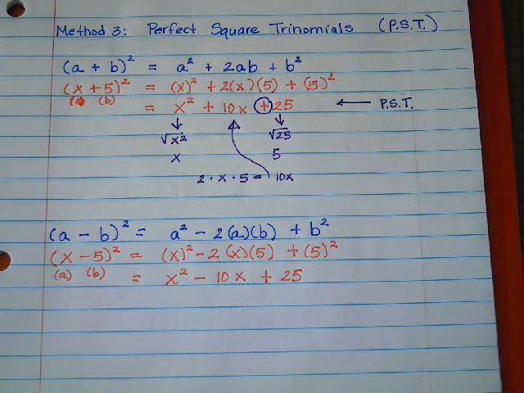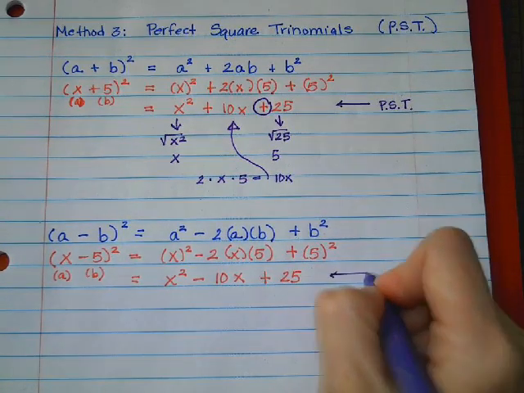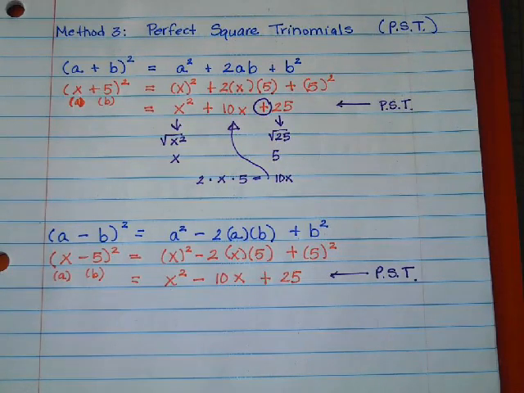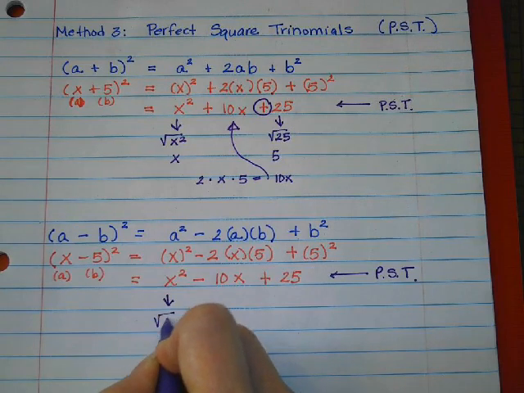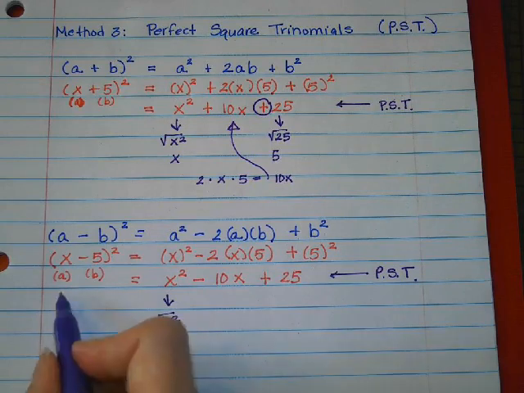So here is our PST that we have. Now this is a PST. Again, to double check it, if you were given something like this, to verify that this would indeed be a PST, just like the first one, we have to find the square root of x squared, which is x, which matches our a value.